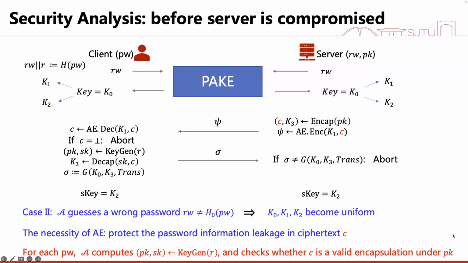And if yes, then the adversary finds the correct password. For example, if the underlying CAM is Kyber, the adversary can easily check whether the ciphertext is encrypted by the public key PK, because Kyber has a re-encryption check introduced by the FO transformation. So the authenticated encryption scheme is necessary. And besides, the authenticated encryption provides explicit authentication.